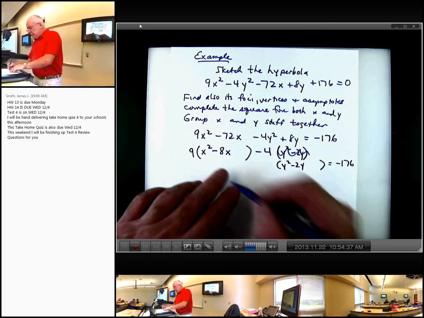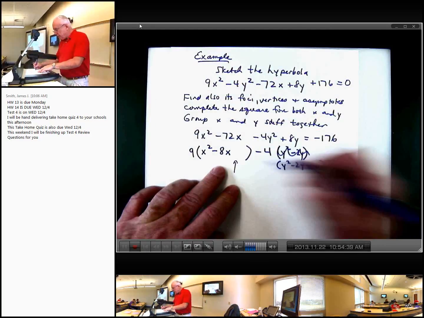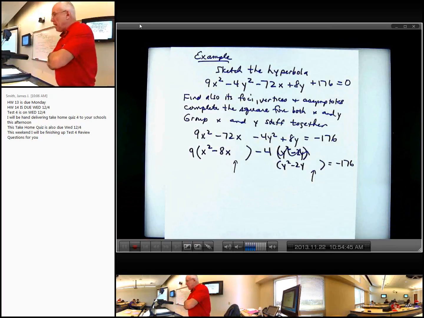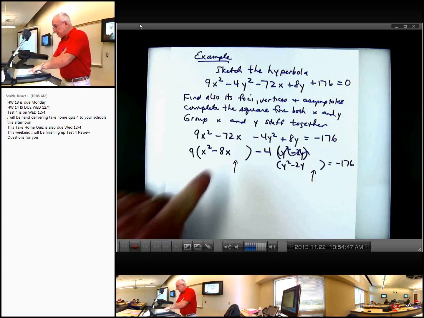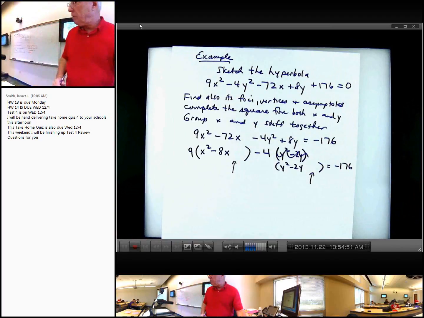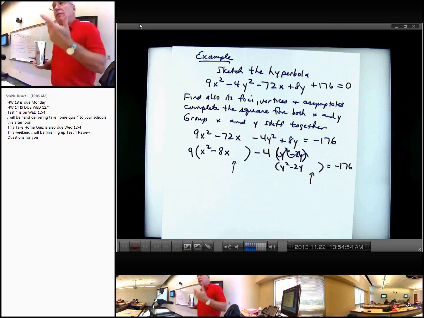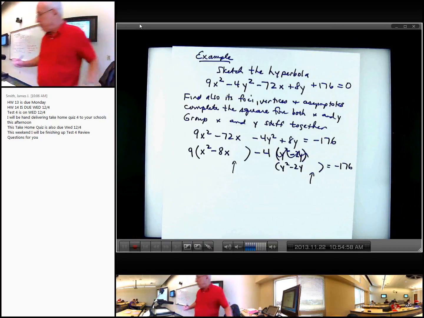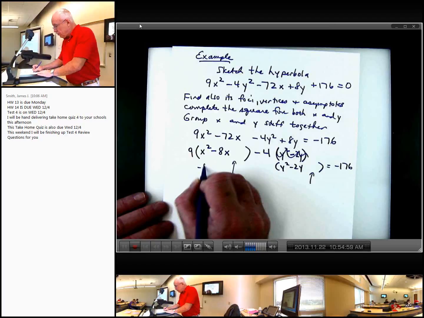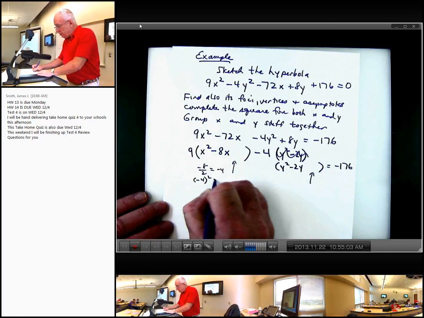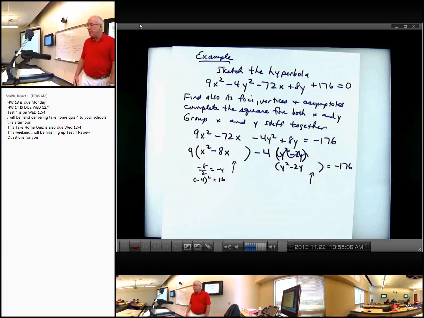Now I'm ready here to complete the square and here to complete the square. So what's that going to give me? How do I do that in, say, this case here for the x? What's the process? Yeah, divide by 2. So -8 divided by 2 is -4. So we divide by 2, -4, and then I take that -4 in parentheses and I square it and I get a 16.